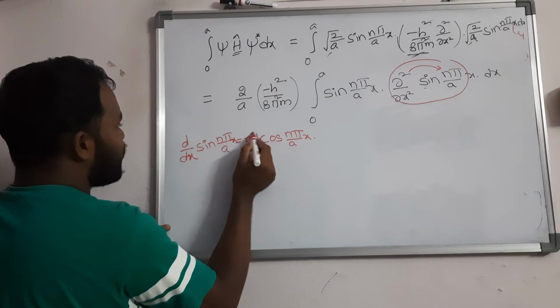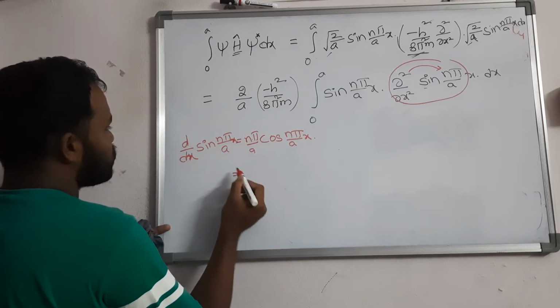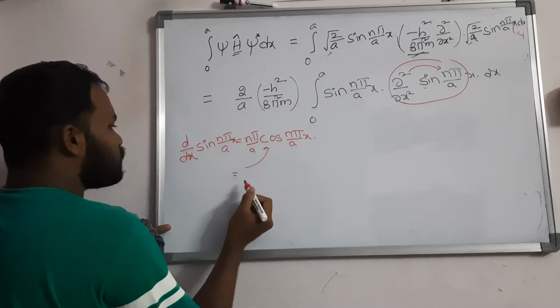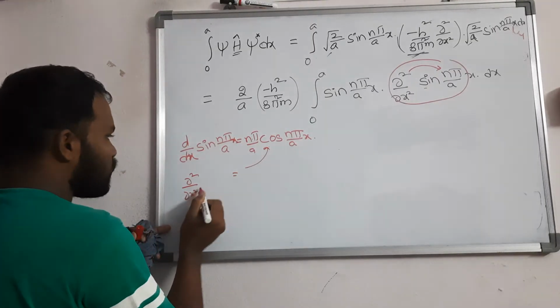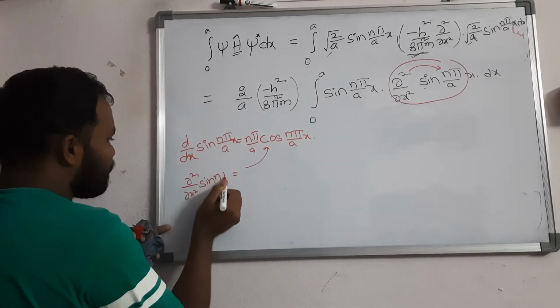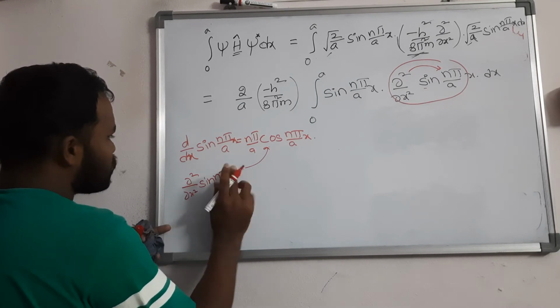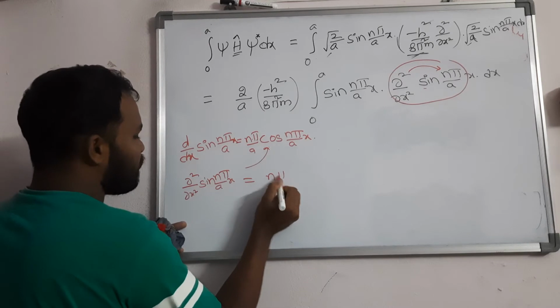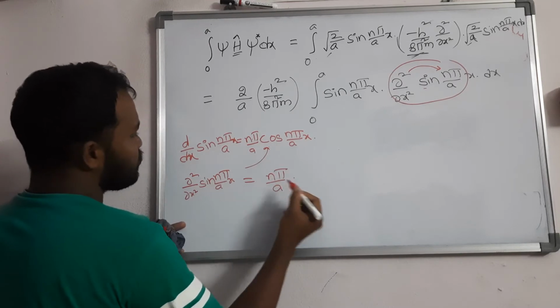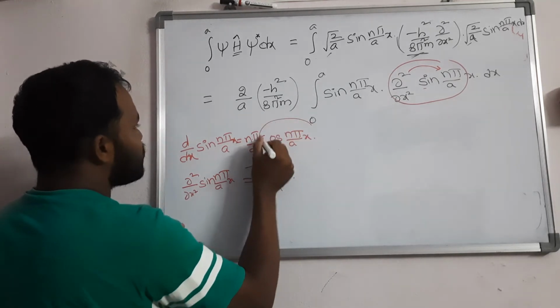N pi by a comes in front. Next, again you should do the differentiation, that is dou square by dou x square of sine n pi by a into x. N pi by a is as it is, I am going to write, into the cos differentiation.